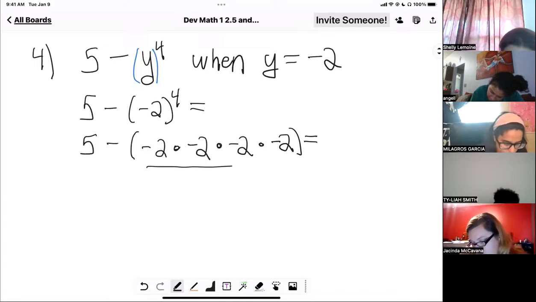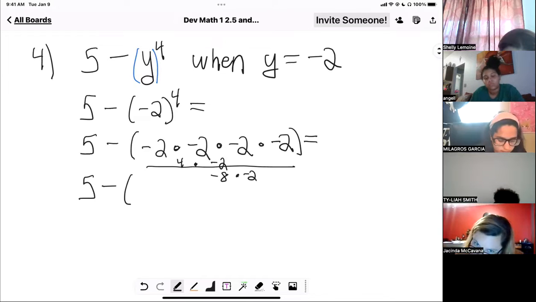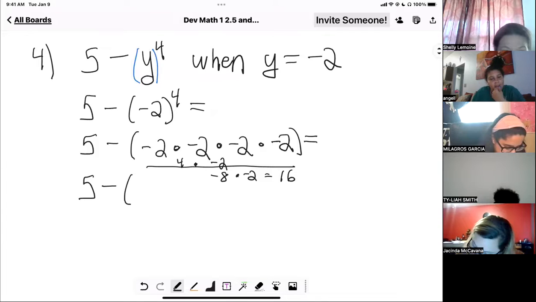So I did my exponent. Now I have this parenthesis to do. Negative 2 times negative 2 is 4, times negative 2 is negative 8, times negative 2 is 16. Or you can think of it as a negative times a negative times a negative times a negative is a positive, and 2 times 2 times 2 times 2 is 16.